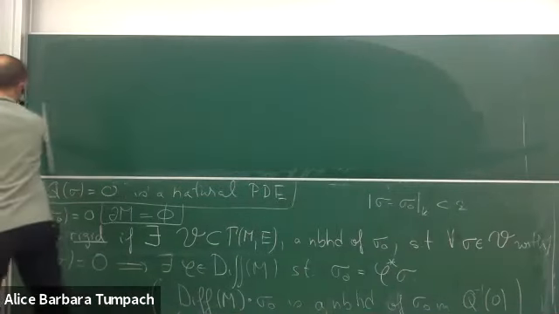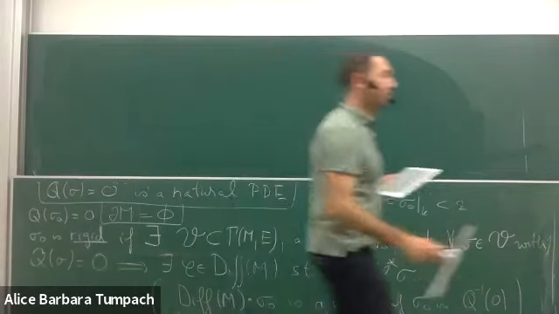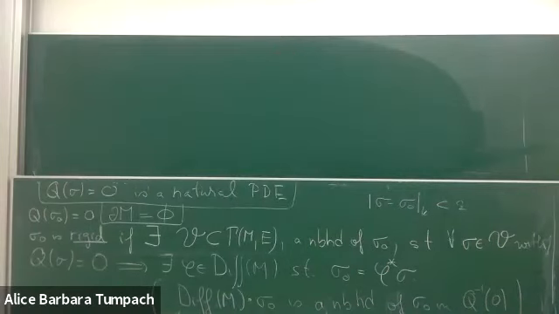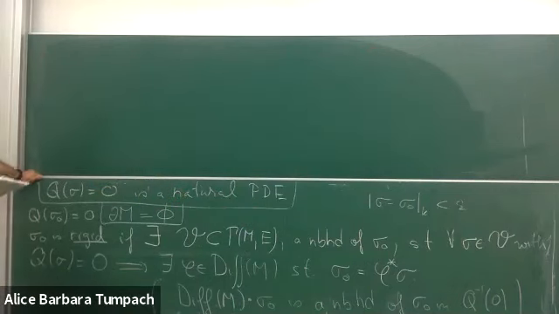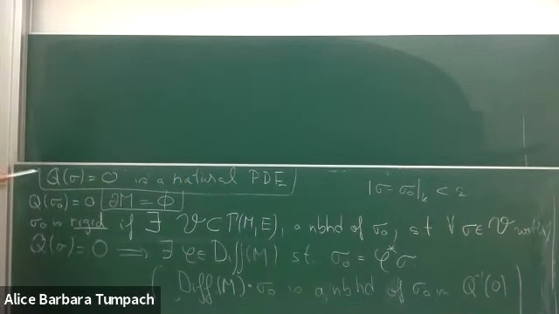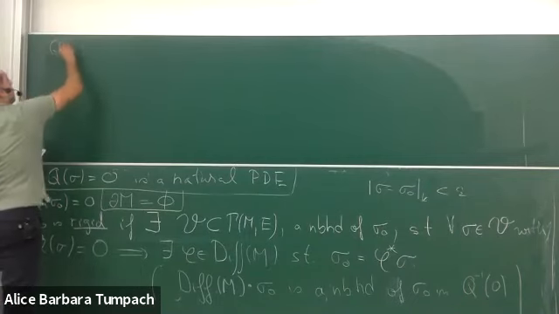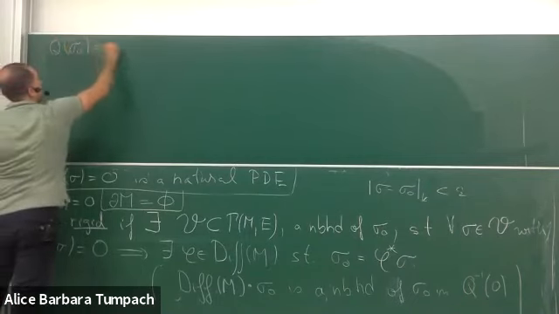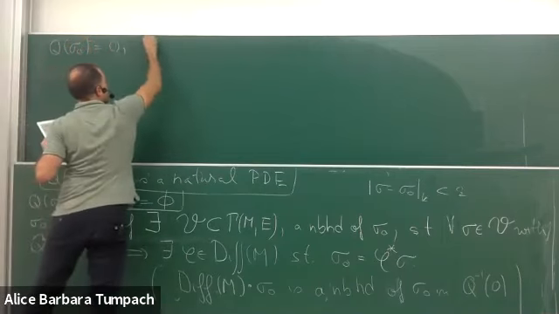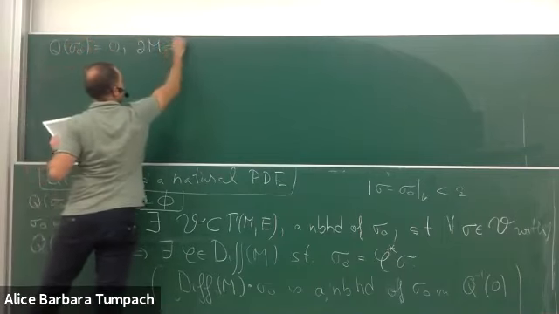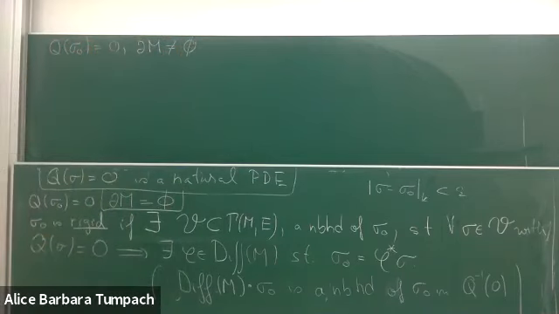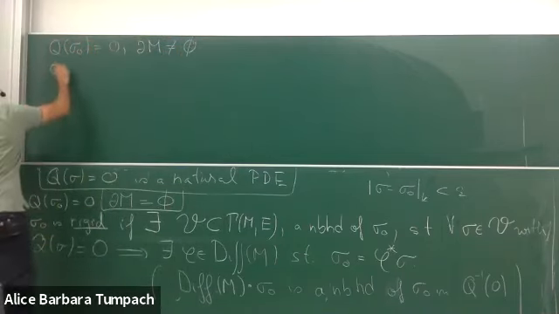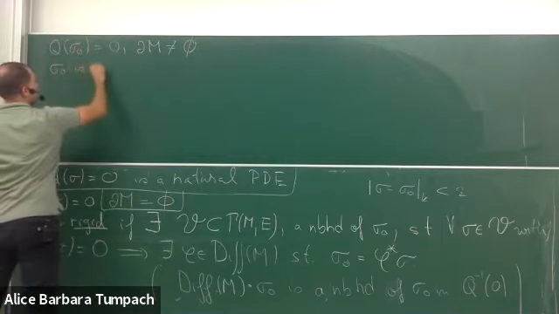So this is why one should really change this. So I'll define the same. Think about it, it's exactly the setting. We have a natural PDE and a solution sigma 0 equals 0, but the only difference is now that the boundary of M is not empty.